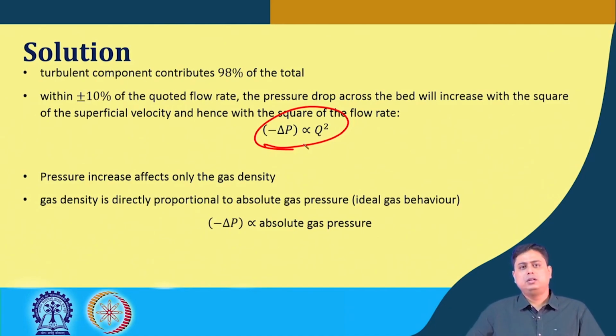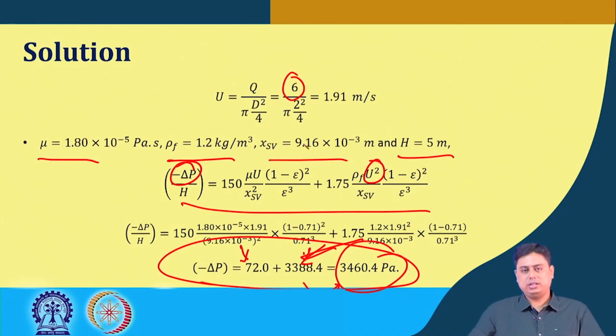The question is whether there will be any influence of pressure and temperature of the gaseous phase. Okay. Now, the pressure increase influences only the gas density. So, if the gas density changes, which is the fluid density changes, what will happen? Del P and rho f, what is the relation? If rho f increases, del P will increase.